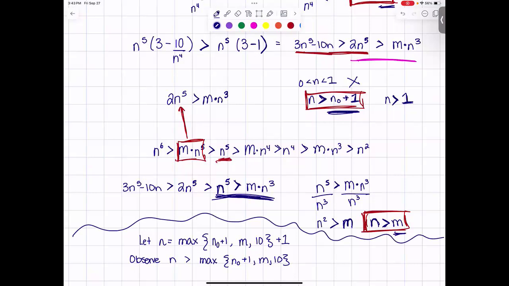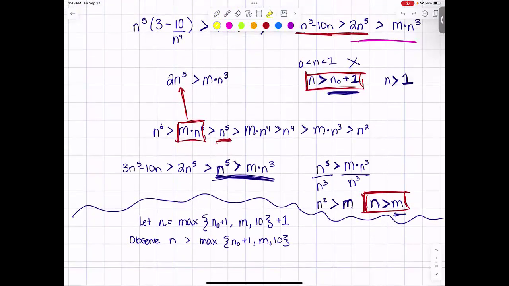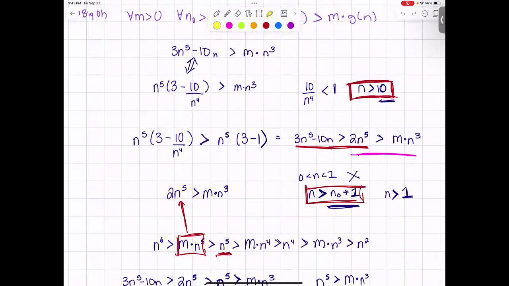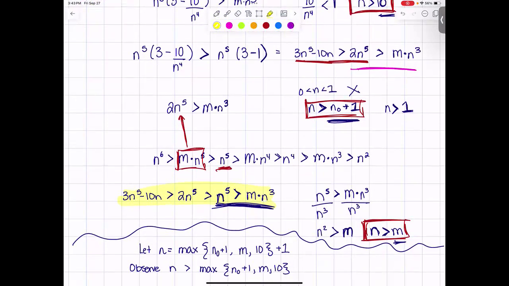And at this point, we'd be able to do things like say, observe that n is greater than 10. And because n is greater than 10, we know this to be true. And then we can say, observe that n is greater than 1. And since n is greater than 1, we know this to be true, right? Then we can restate it all the way out like this. And then we can say, observe the fact that n is greater than m.